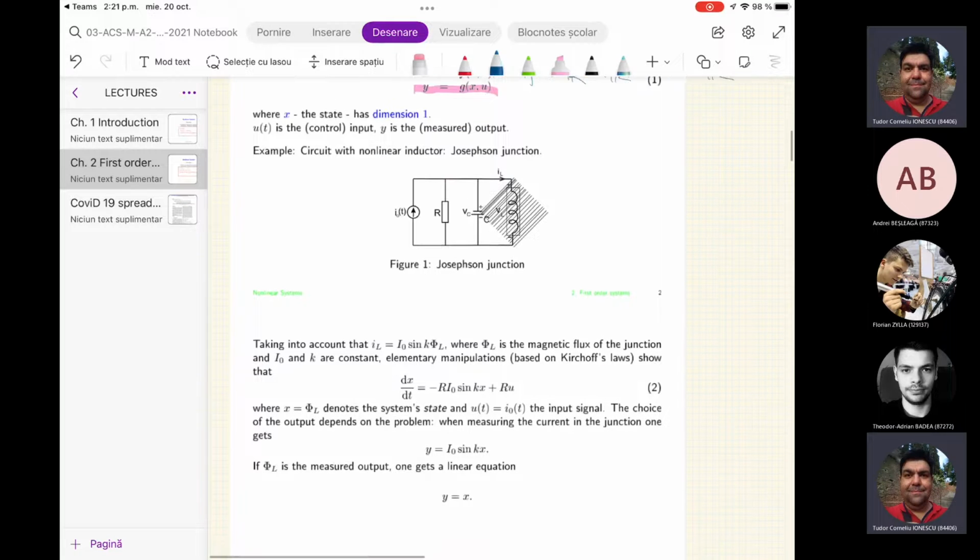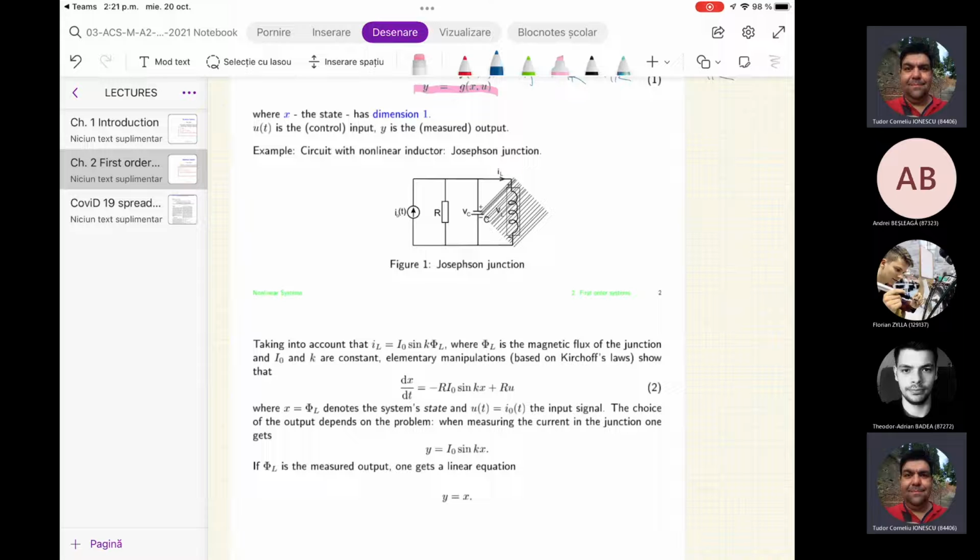An example is the so-called Josephson junction, which is a circuit with a nonlinear inductance, and let's do some analysis about this. First, from electrical circuit theory, we recover the notion that the current through the inductance L is a harmonic signal of amplitude I0.